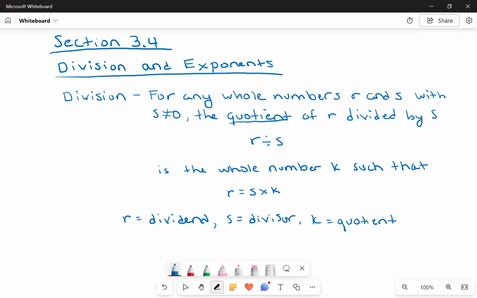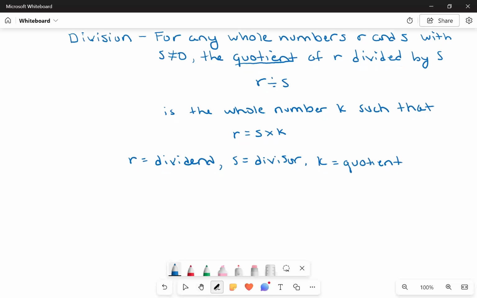Okay, so we're going to represent division with really two different visual representations. And I think they're really well expressed with some examples. So we're going to dive into the examples and use those to help guide us. So let's say I have 24 cookies.